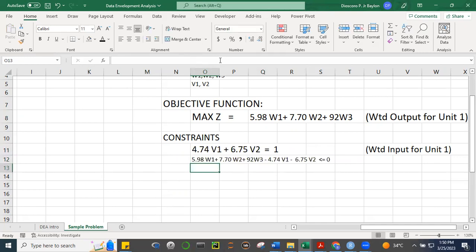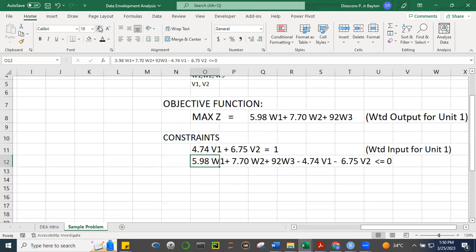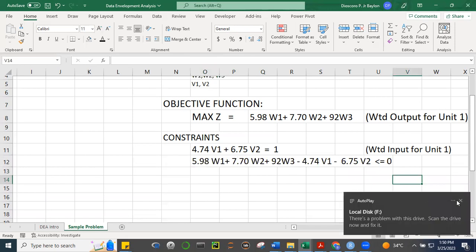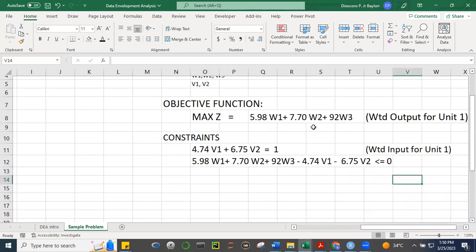Okay, take a look at this, class. Take a look at this equation. The first part here is your weighted output. The second one is your weighted input.